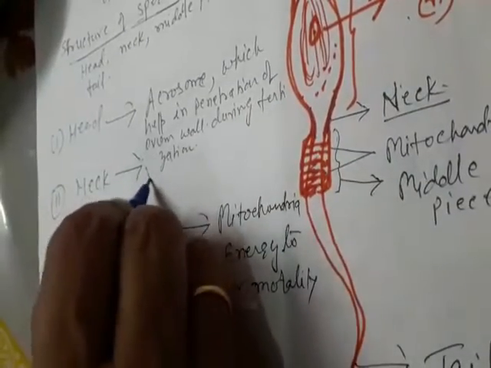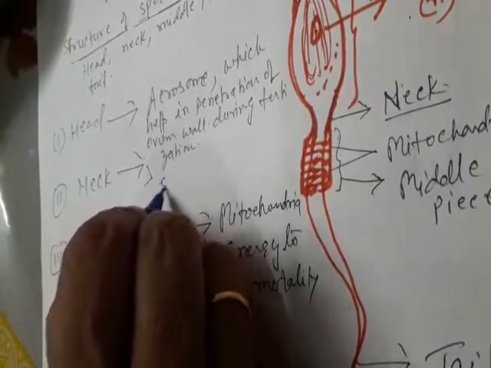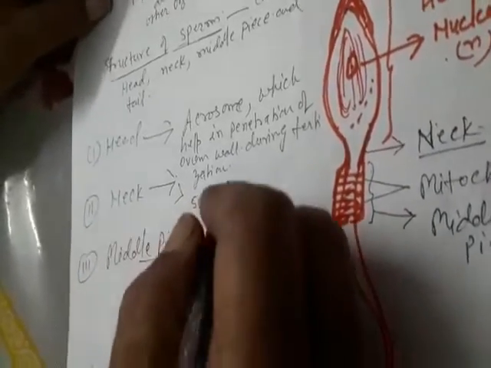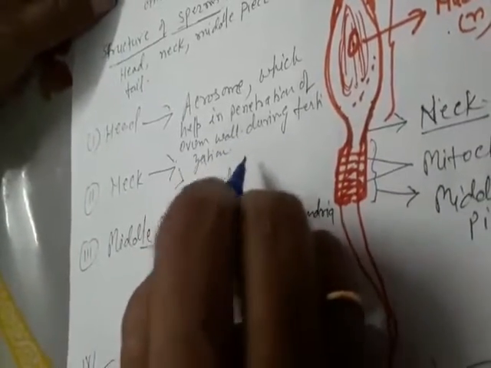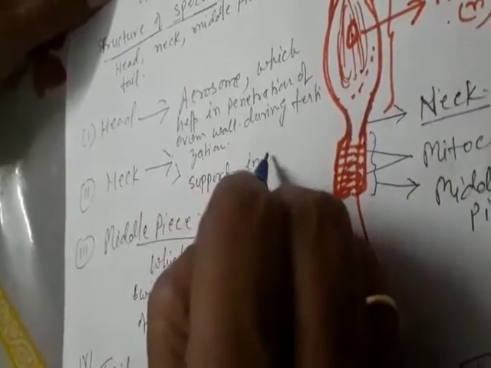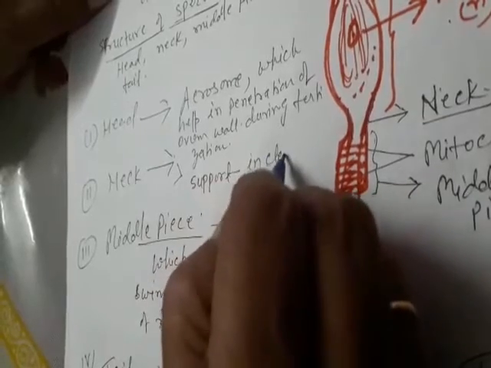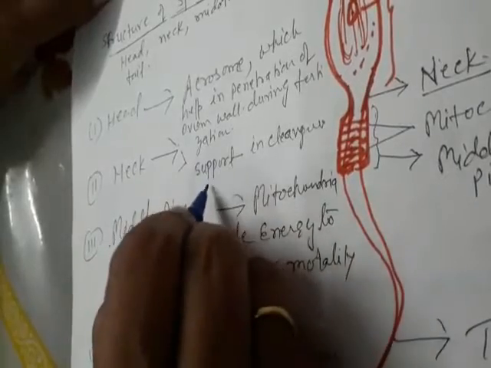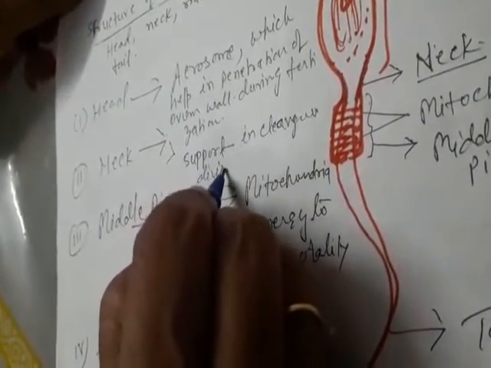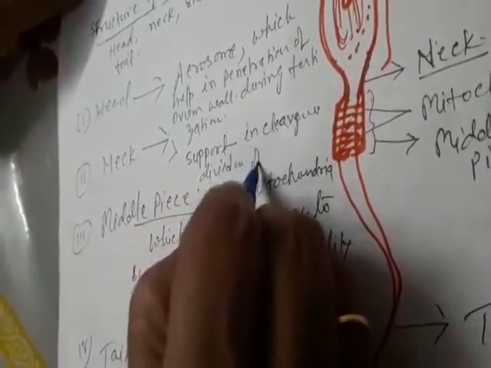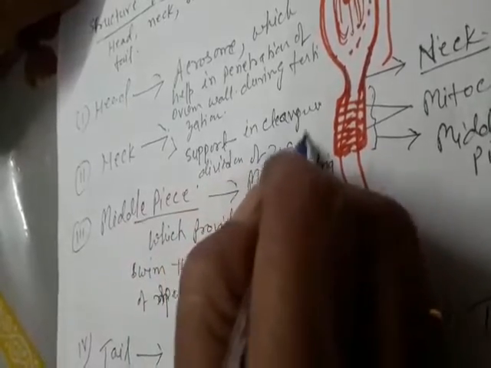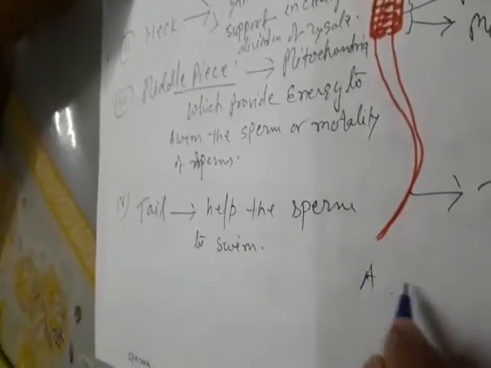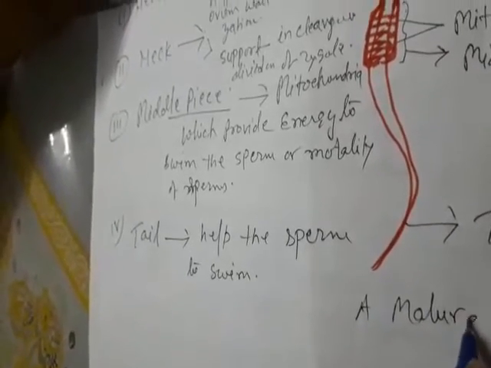The mechanism supports cleavage division, the division of the zygote. This is the structure of a mature sperm.